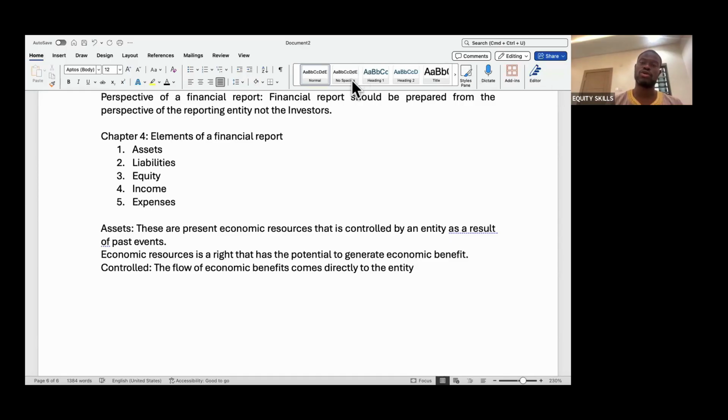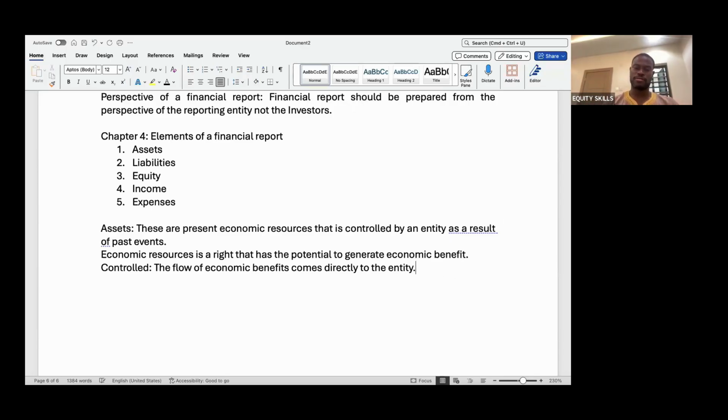Meaning that whatever money is made from that asset flows to you. If it doesn't come to you, whoever the economic benefit flows to, that's the person that has control, and that is the person that should recognize the asset in his books as his own, not the other way around.